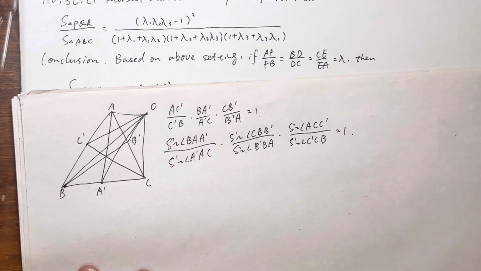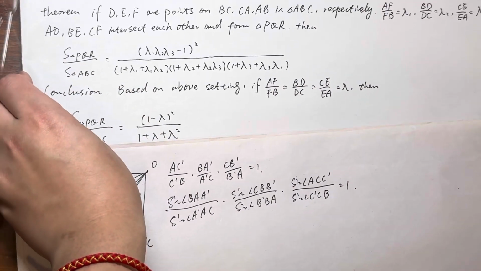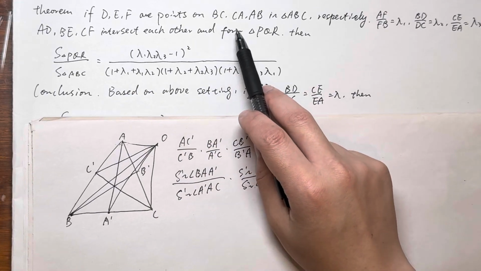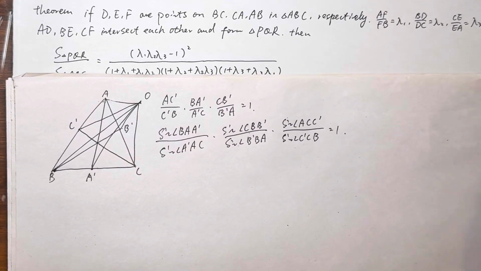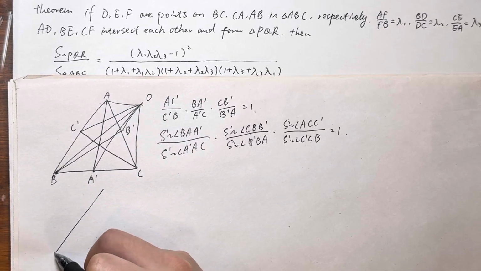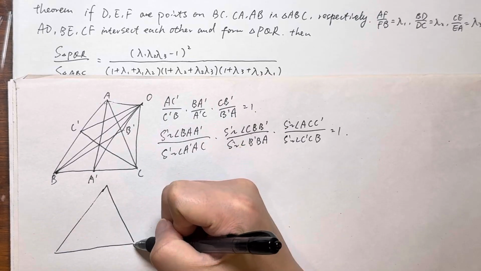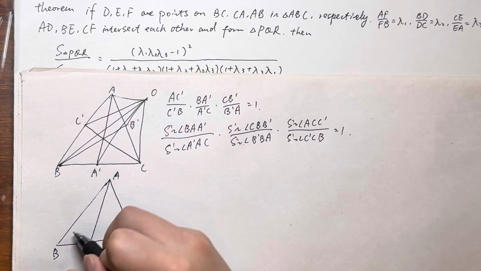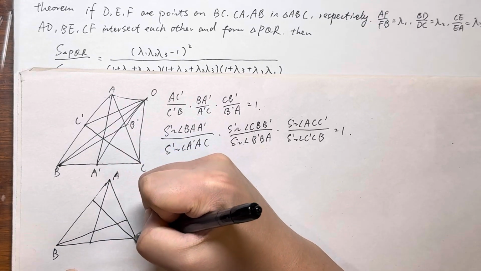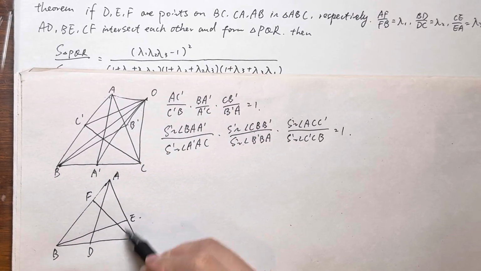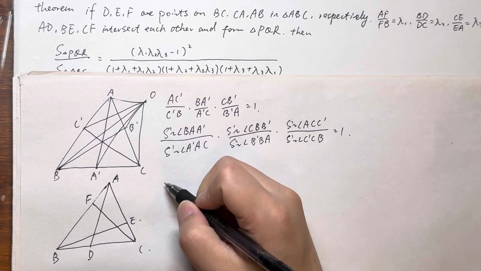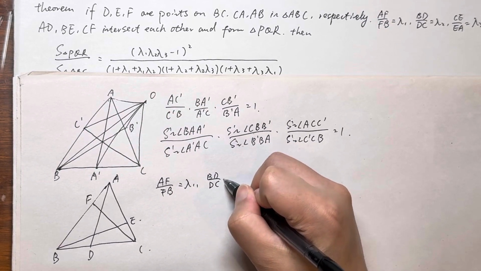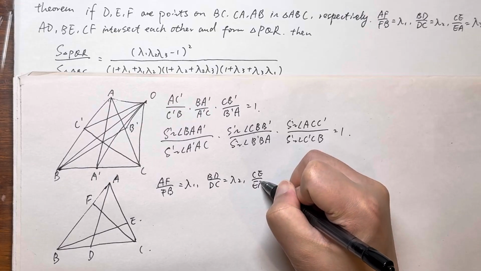Now we look at the theorem. The theorem says that if D, E, F are points on BC, CA, AB in triangle ABC respectively, so we have triangle ABC here, and we have D, E, F on each edge, and we know that AF to FB equals lambda 1, BD to DC equals lambda 2, CE to EA equals lambda 3.